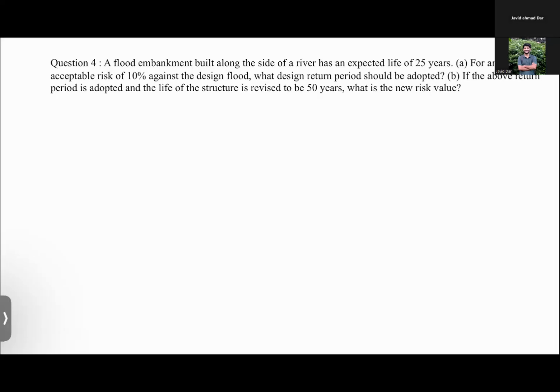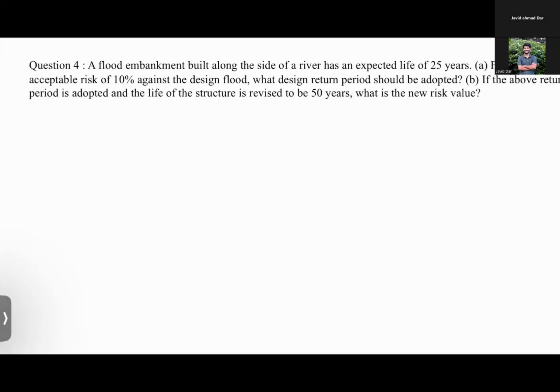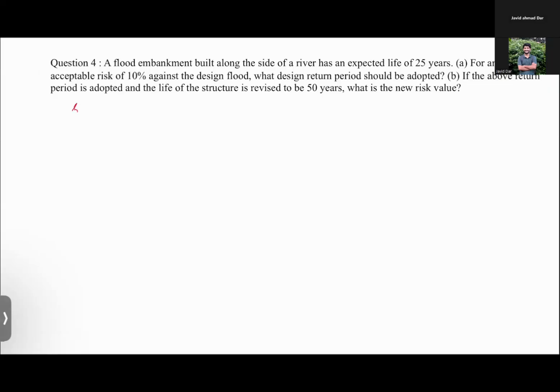So in the first case, your acceptable risk is 10%. So your risk is 0.1, if I divide by 100, since this is in percentage.